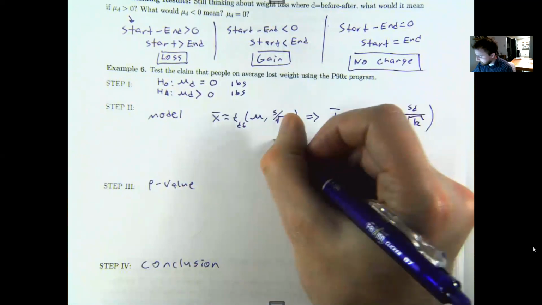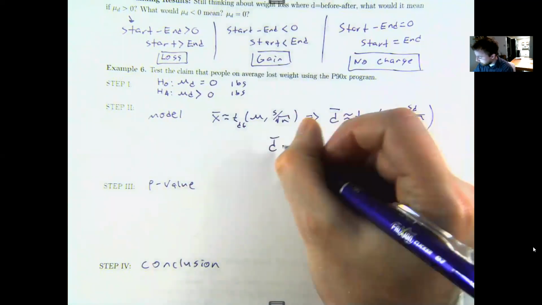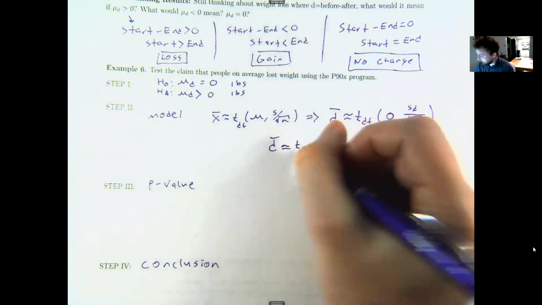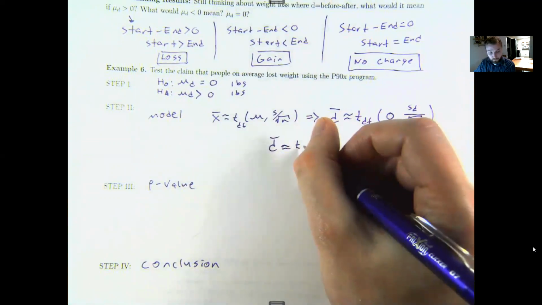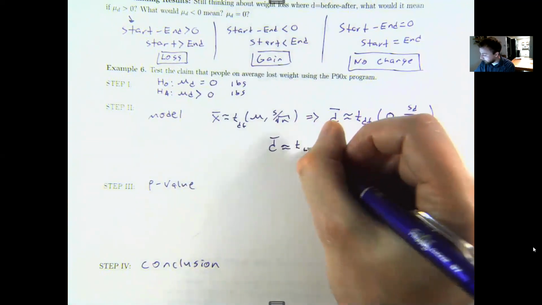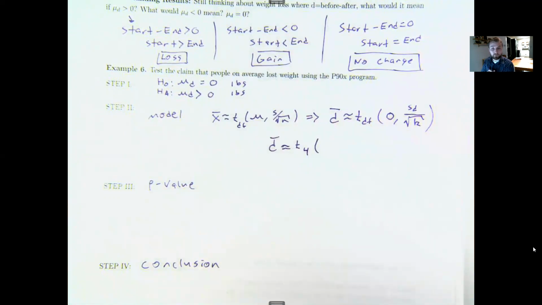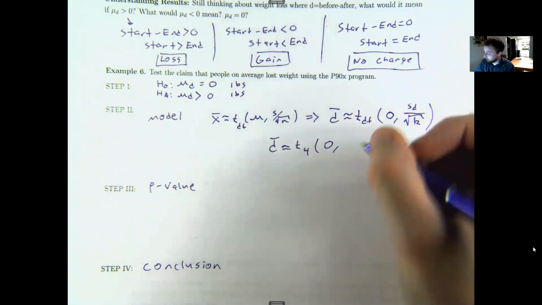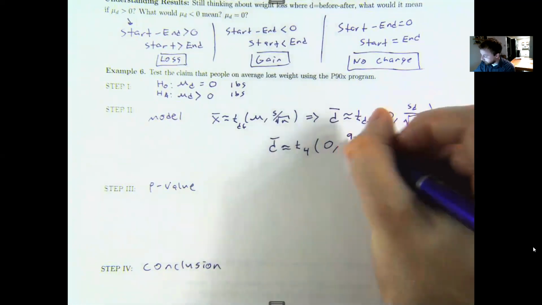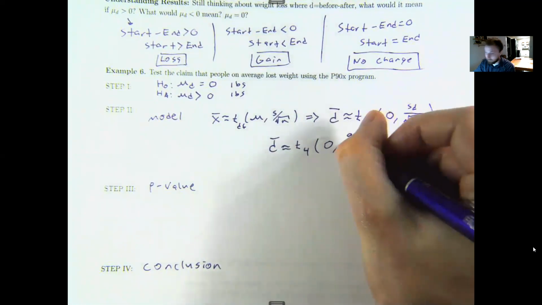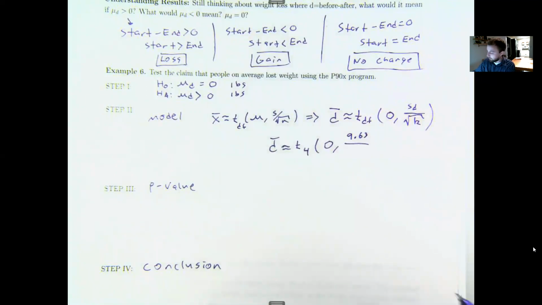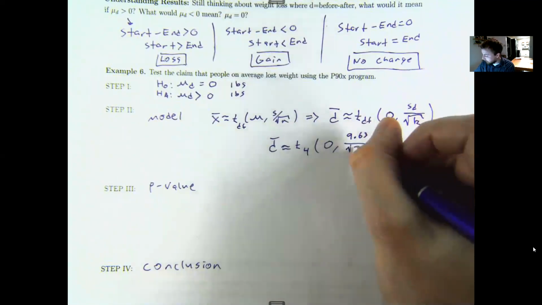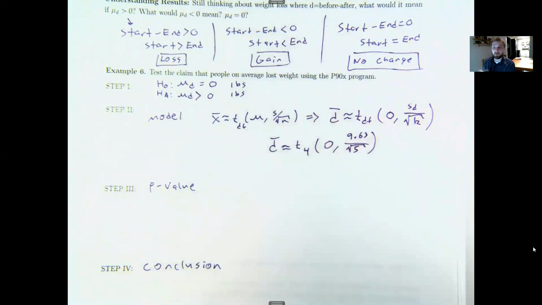So plugging in my information from before, this is a t distribution, my degrees of freedom. I had 5 people, so I have 4 here for my degrees of freedom. 0, comma, my standard deviation for the P90X information was 9.63, and my n for finding the standard deviation was 5.